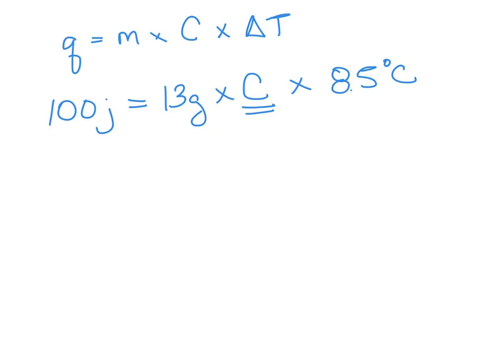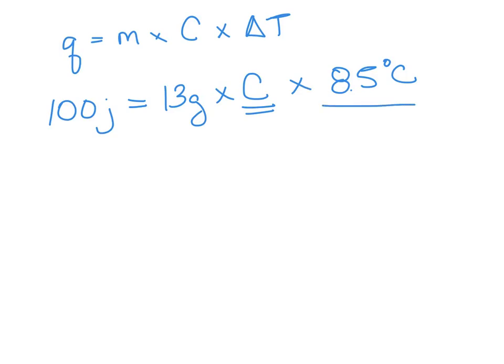We're going to use algebra to do this. I'm going to pick my change in temperature, which is 8.5 degrees, and move it to the other side. To move it to the other side, I have to do the opposite operation that's happening here. So if multiplication is the operation, my opposite operation is going to be division.